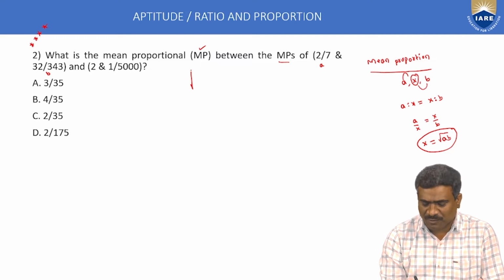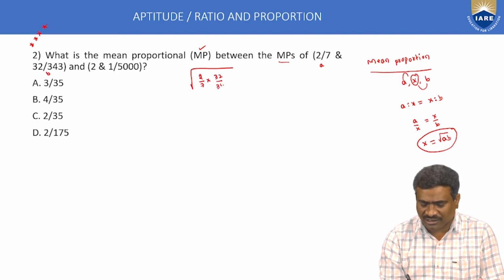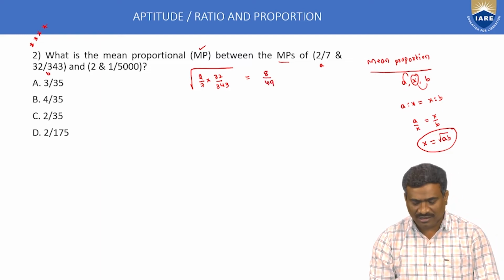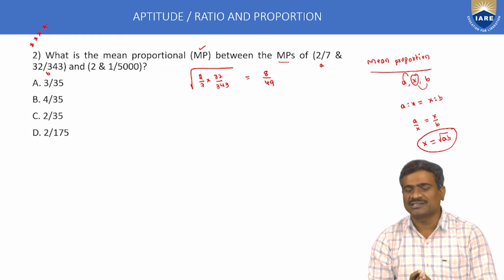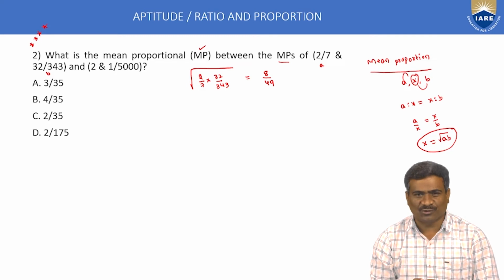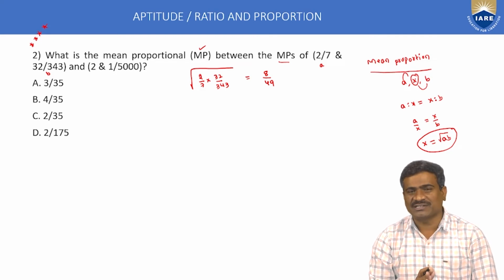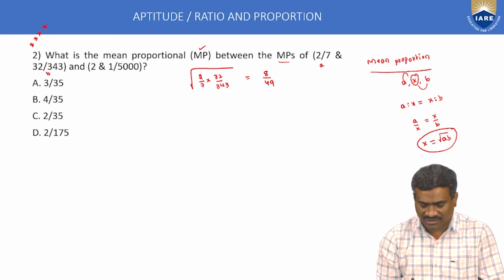Root of AB with A as 2 by 7 and B as 32 by 343 is equal to 8 by 49, which is called the mean proportional. 2 into 32 is 64, and 7 into 343 is 7 to the power of 4. That is 8 by 7 squared, 8 by 49.